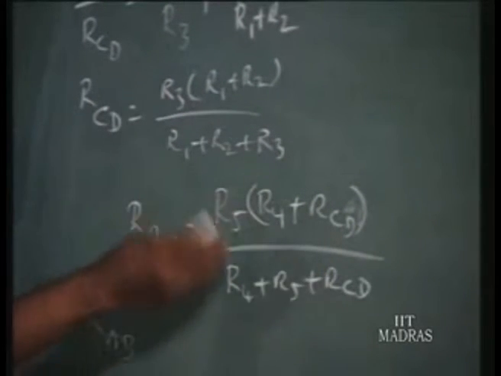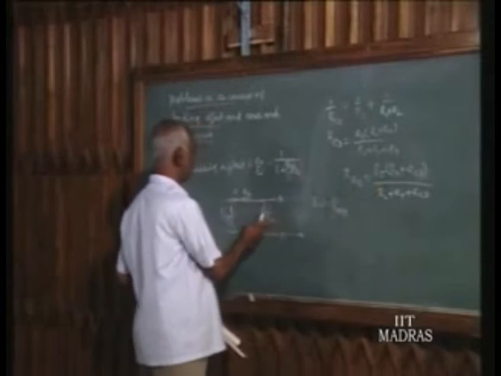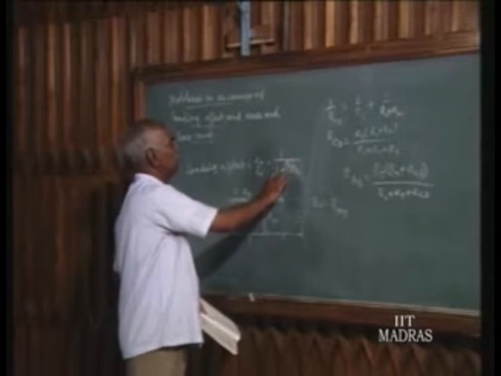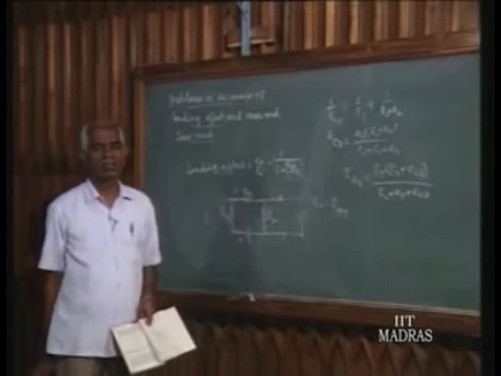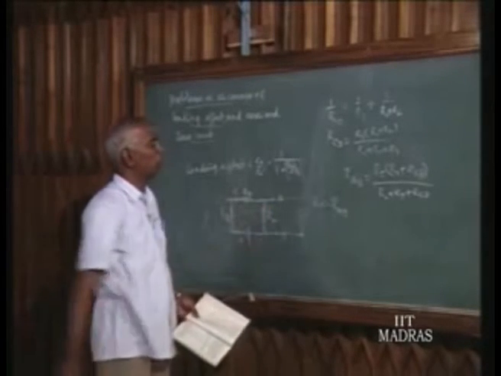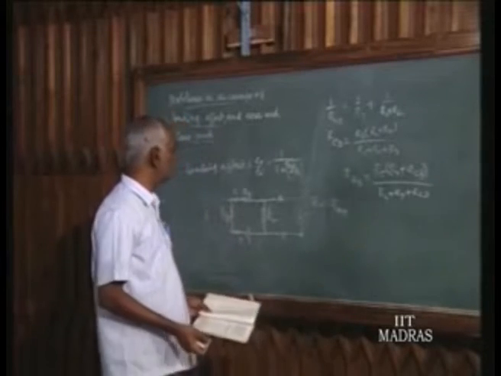So, RCD you can substitute, so that we can have the RAB in terms of the given resistances. So, RAB is equal to our ZO. This we can find out from these given values, and then 10 times this we select as the voltmeter resistance. So that is how we find out the output resistance of the existing circuit.